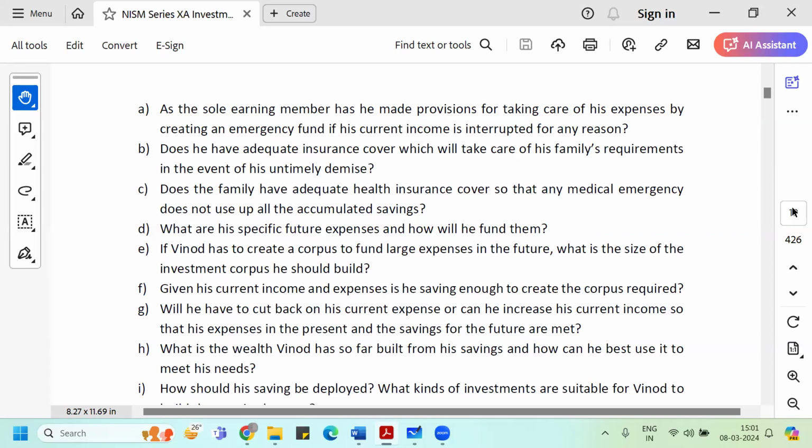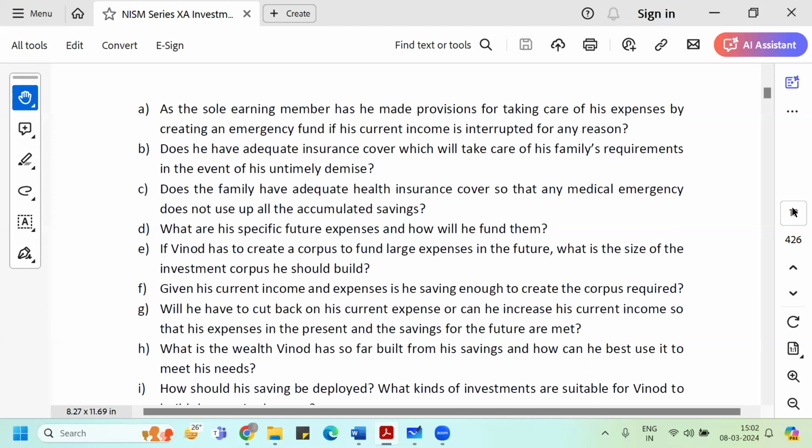So the next question is: given his current income and expenses, is he saving enough to create the corpus required? Because the moment you start planning for the future, you know that there will be a lot of expenses, like, if I take my example, my children's education expenses, or any other dream they want in life, maybe buying a house.